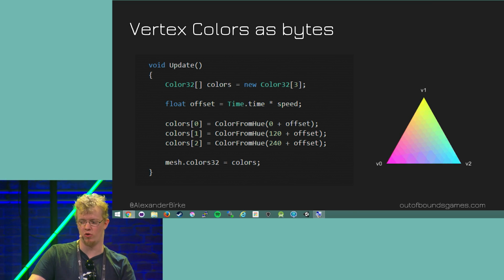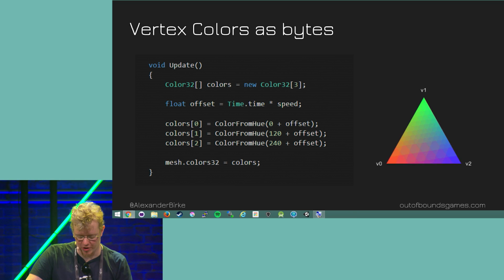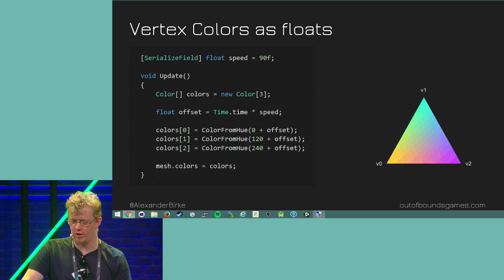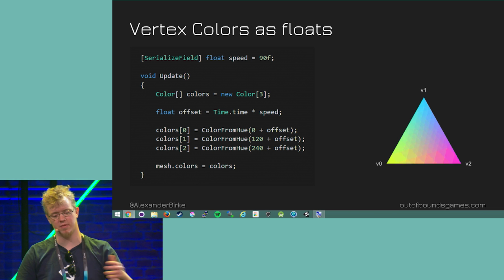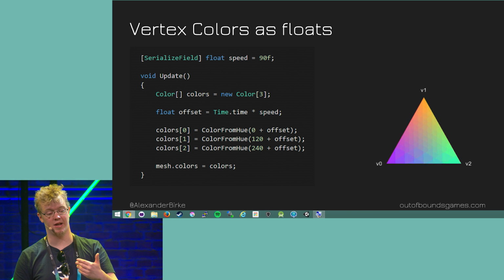So if you need performance and you don't need the added range, you might as well use bytes. I didn't actually know this, because Unity's examples I actually think use floats. The advantage, though, is that if you're using floats, you can go above 1 in any of the values, so you can send over a bigger range if you need to.